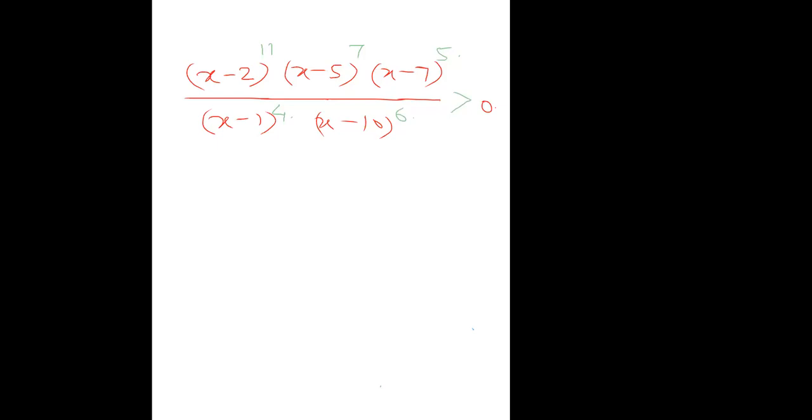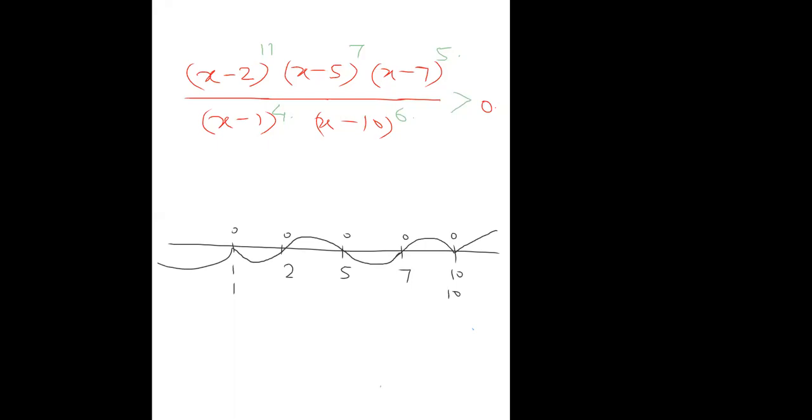Okay. 1, 2, 5, 7, 10, 10. All open, because the greater than sign is there, and equality is not. Anything on the positive or negative side, right?